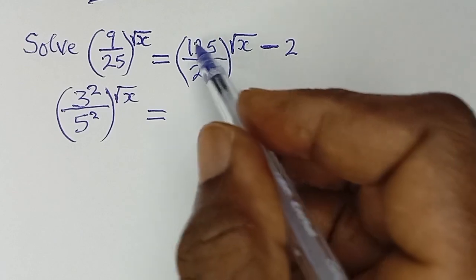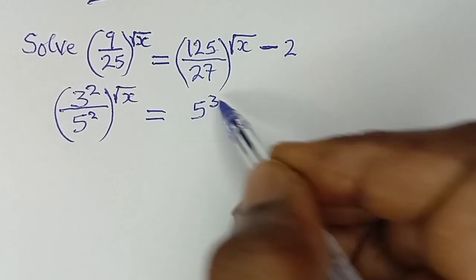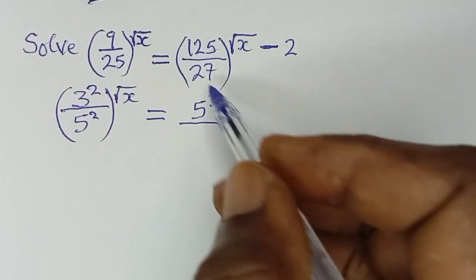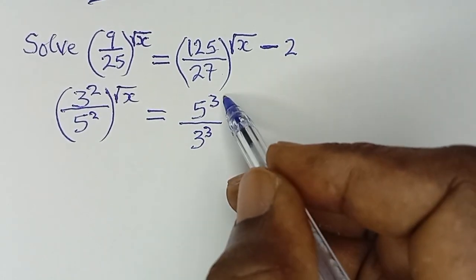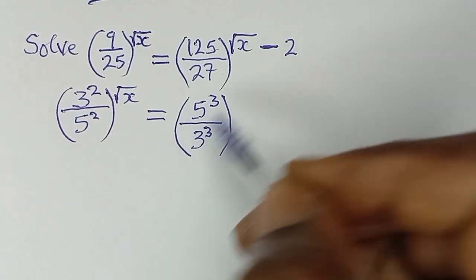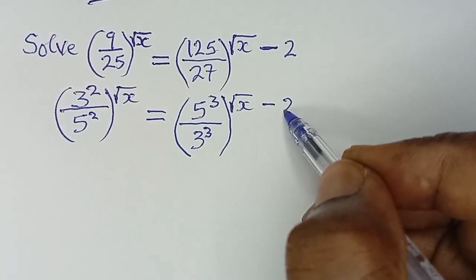That is equal to 125, which is 5 raised to power 3, over 27, which is 3 raised to power 3, all multiplied by √x − 2.